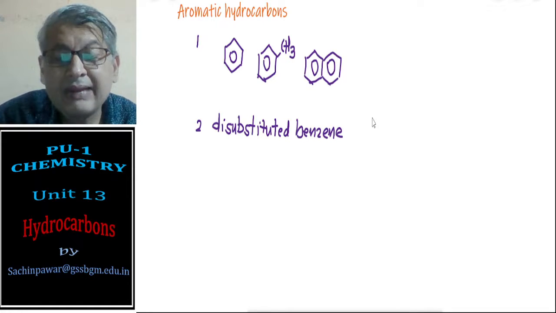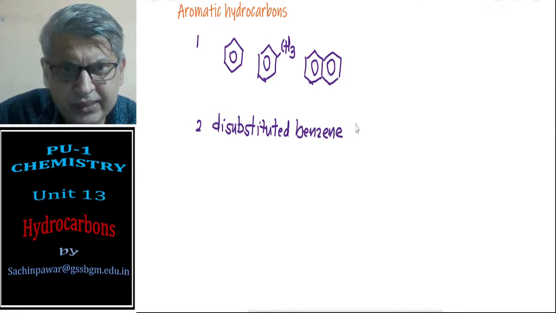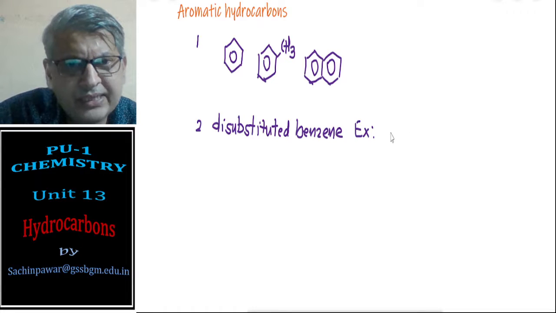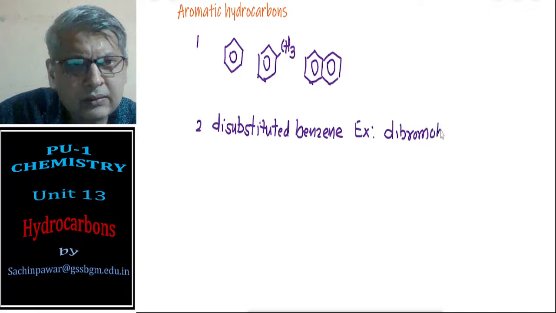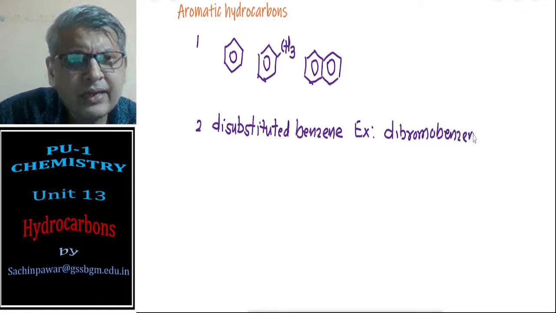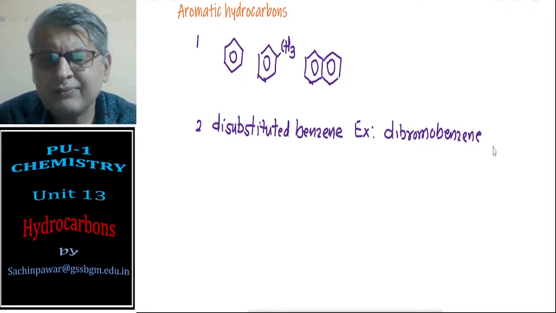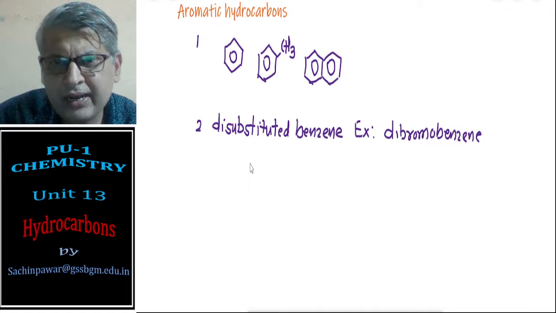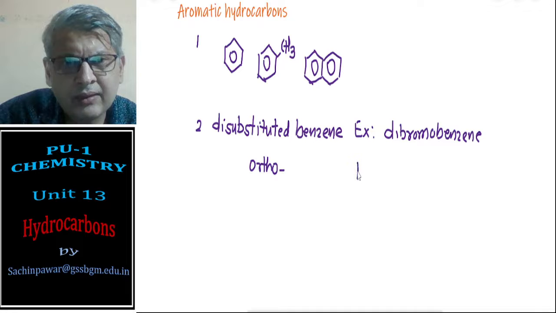One important thing is that when we have di-substituted benzenes, if I take for example dibromobenzene, then you should know that only three types of structures are possible. One is called ortho dibromobenzene, para dibromobenzene, and meta dibromobenzene.